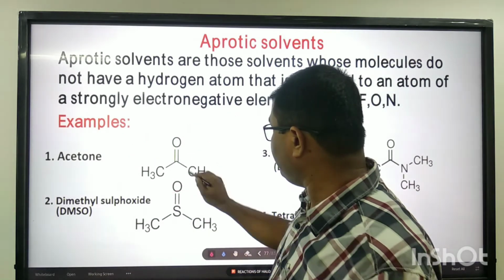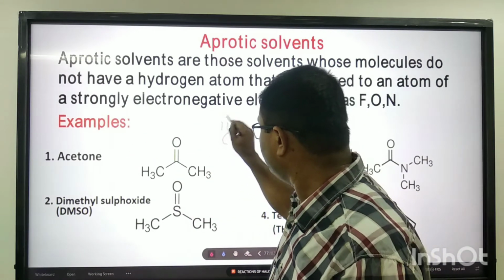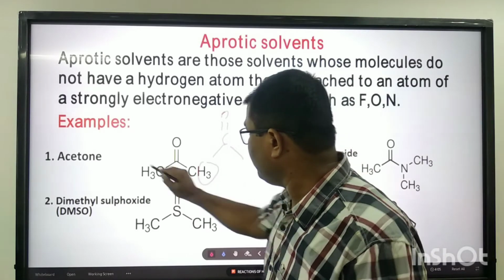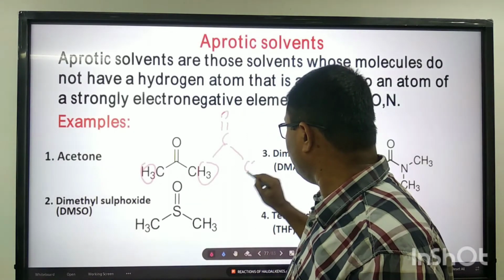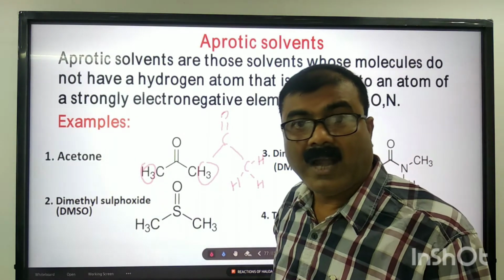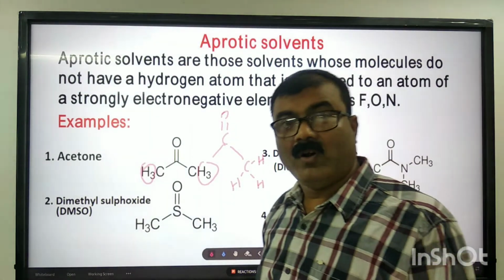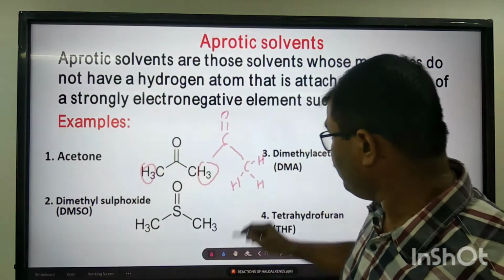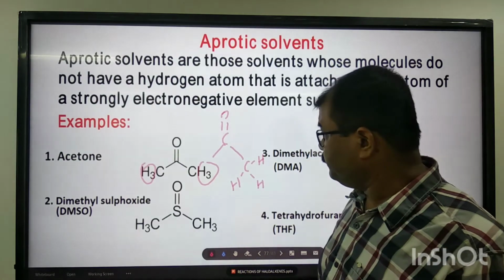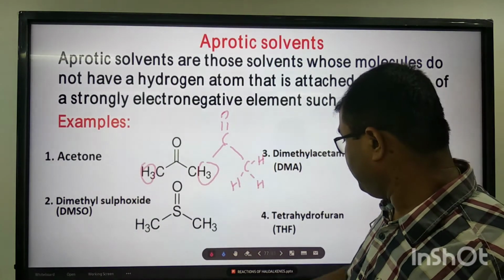Because if you see here, these hydrogens are attached to carbon. Carbon is not highly electronegative as compared to F, O, N, meaning fluorine, oxygen and nitrogen. Alright. So acetone is an aprotic solvent.